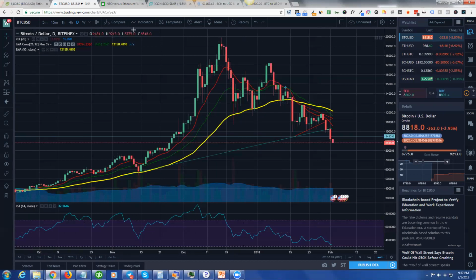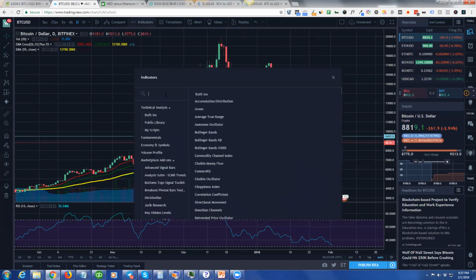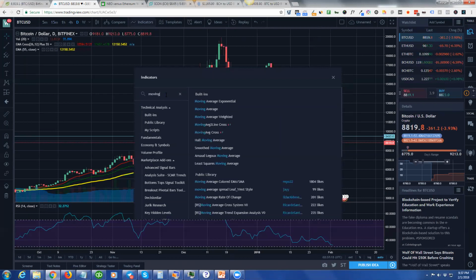And in order to do that, I use what we call exponential moving averages. There are 2 types of moving averages. And what moving averages do is this 55 basically says that I'm taking what's happened over the previous 55 periods.